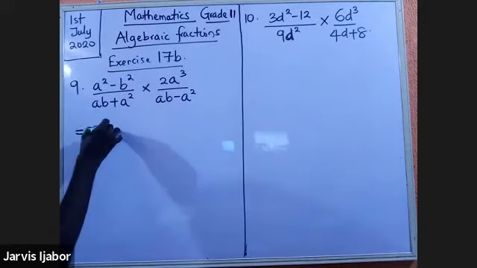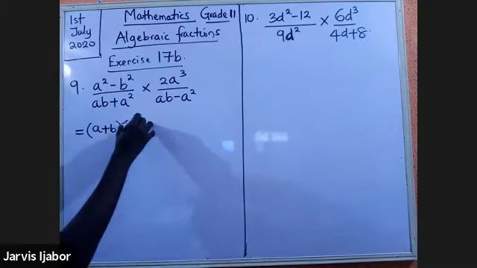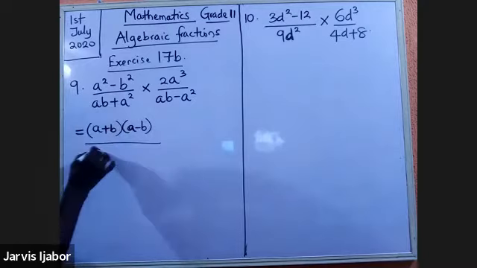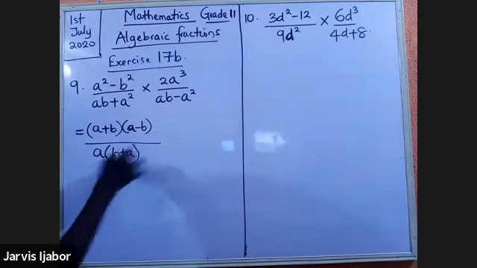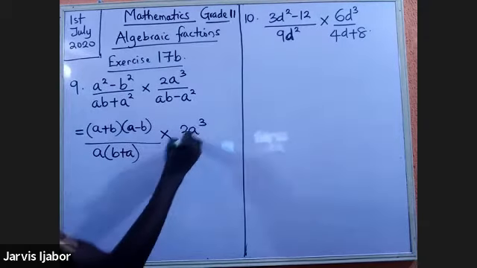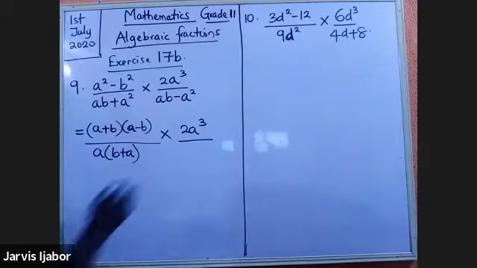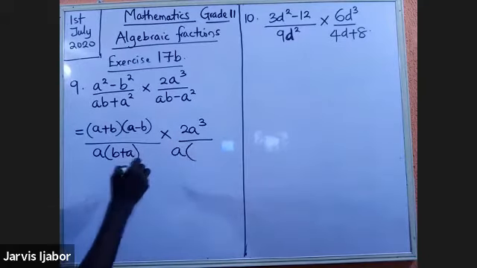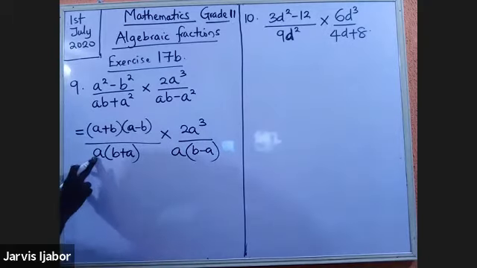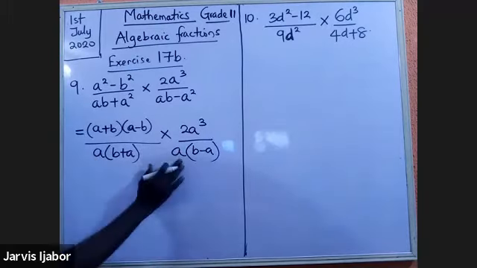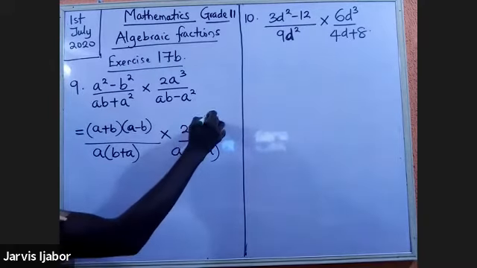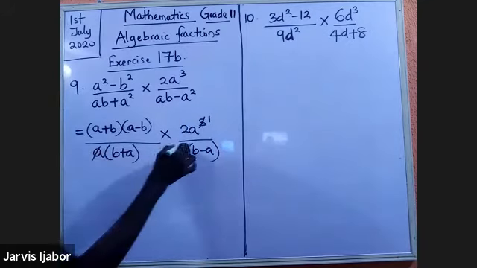This will be a plus b into a minus b, divided by, what is common here is a into b plus a, times 2a cubed over what? a into what? b minus a. So if you look at this, I have a squared here, I have a here, I have a here, I have a cubed here. So what I can do is to cancel 2 from it, I have 1 left, and then I strike this one off.